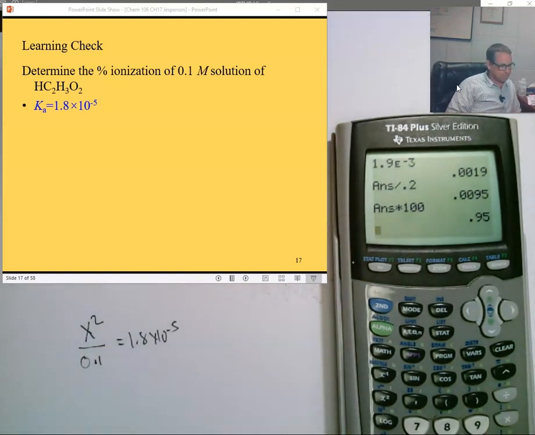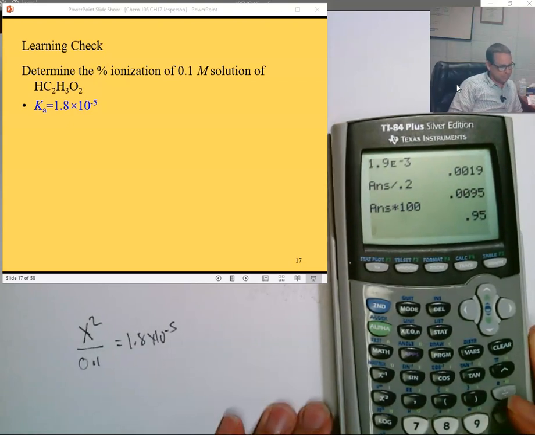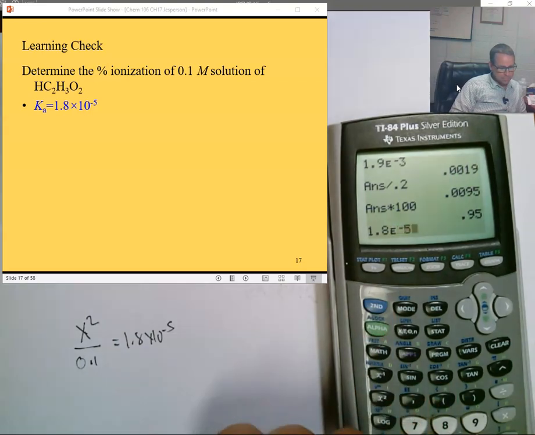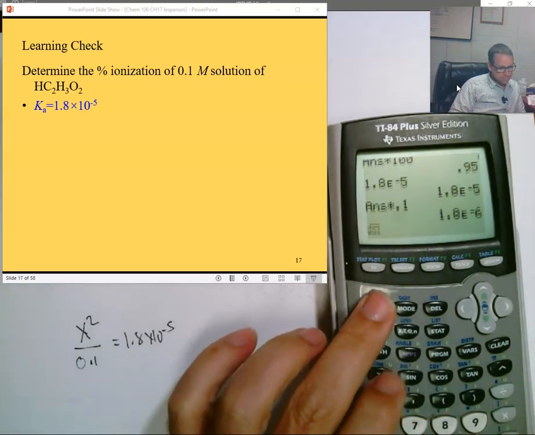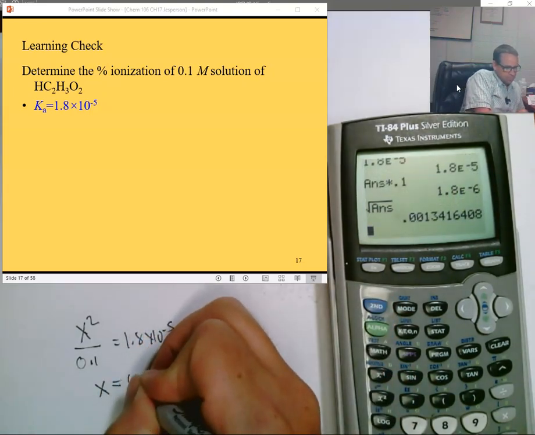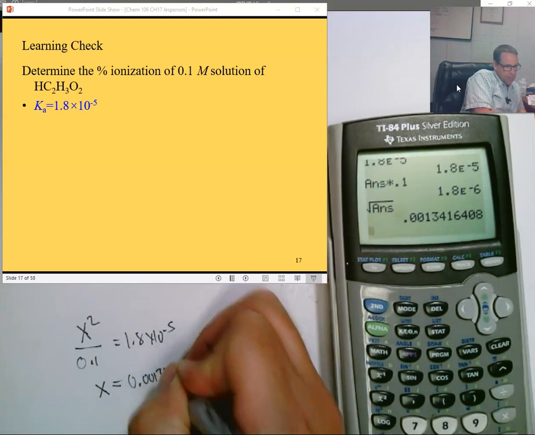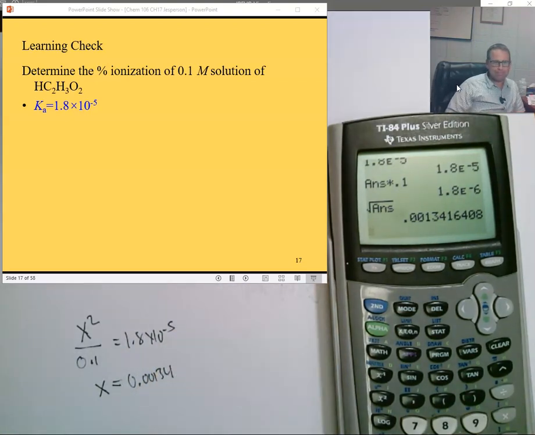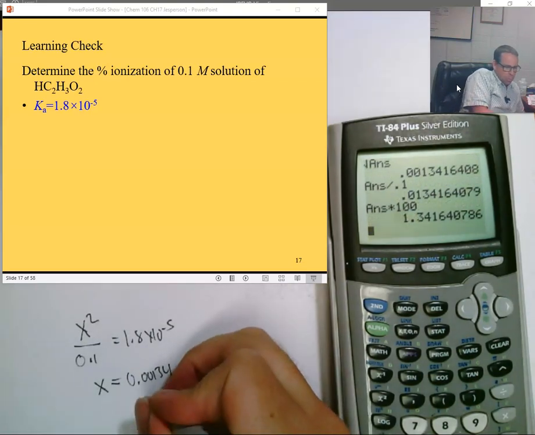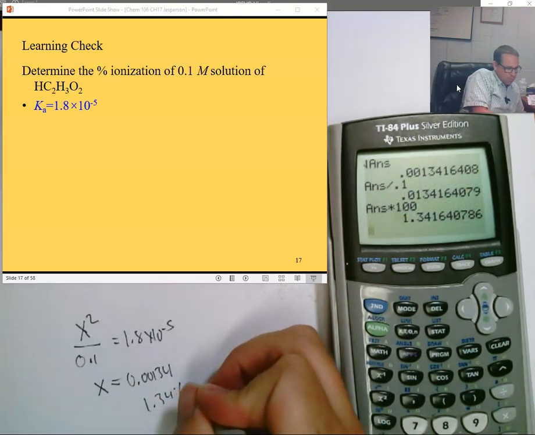And that will become, take the square root of this. And then our x will become 0.00134. All right. And divide that by 0.1, and then times 100. Okay, very good. 1.34%.